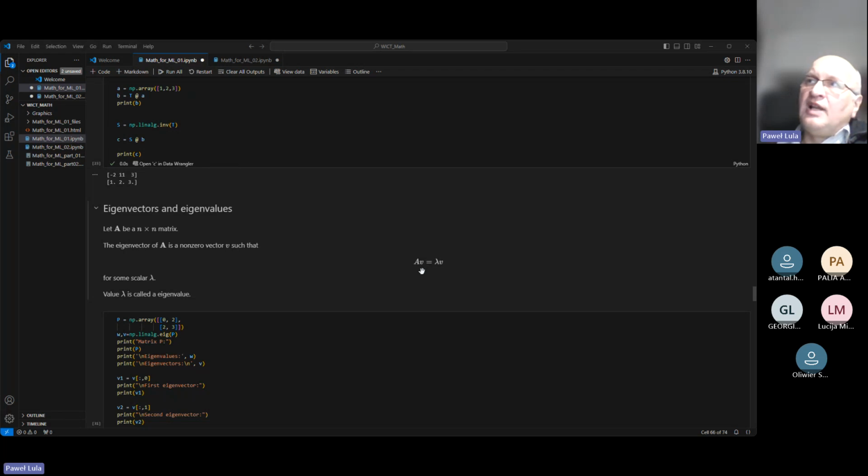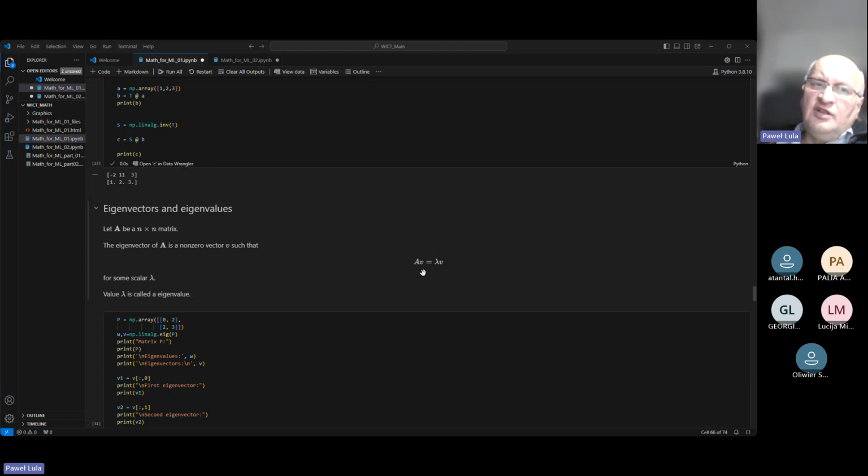A multiplied by V is equal to lambda multiplied by V. Then V, it is an eigenvector, and lambda, it is a scalar, it is a numerical value, it is an eigenvalue. So this is a definition.